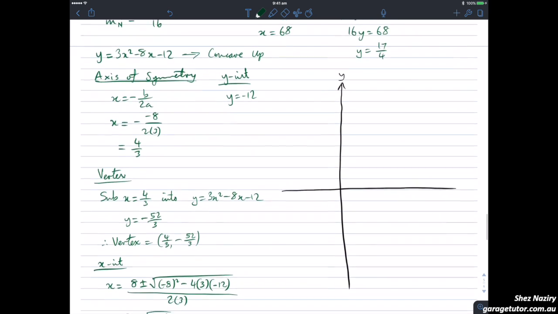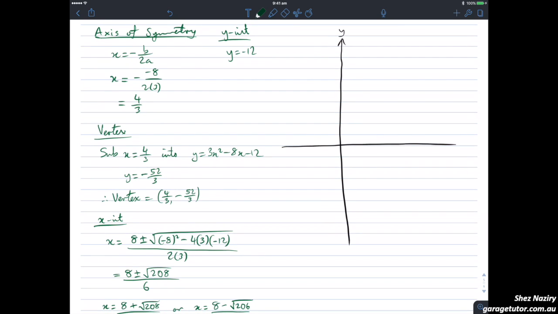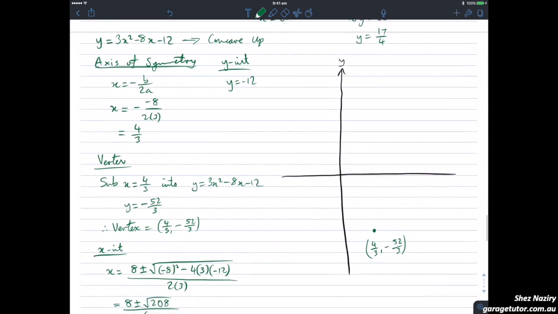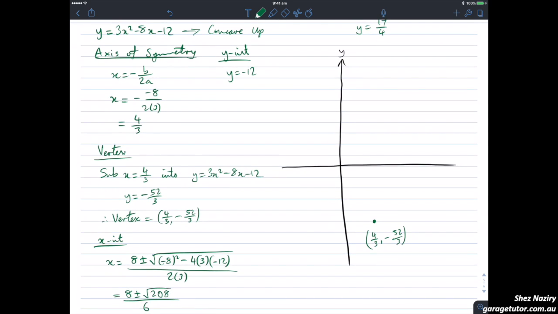Okay, so I think the parabola is harder, so we'll start with that. Its vertex is at 4/3, -52 on 3. Remember, you don't have to be a perfectionist. We'll just say that that is 4 on 3, -52 on 3. Alright, so we have the -12 intercept.